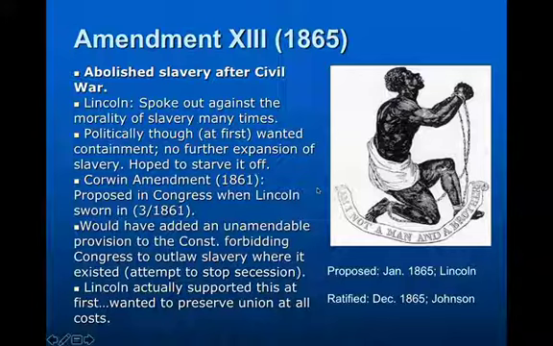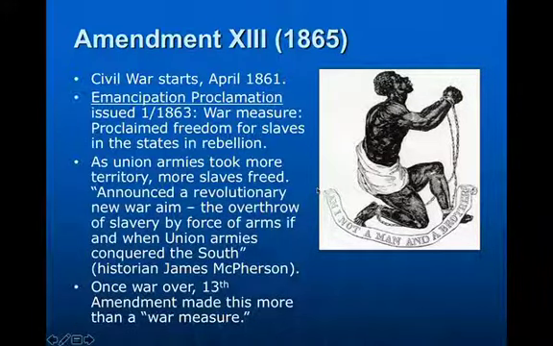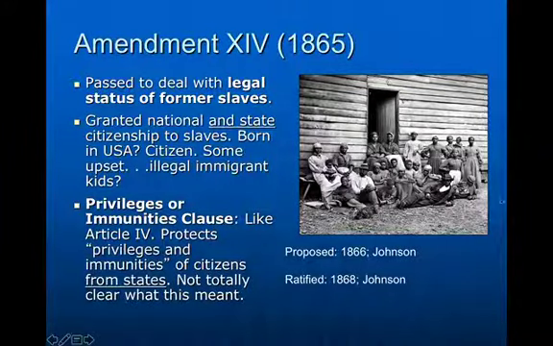So then, the 13th Amendment and then the 14th Amendment. There's a little more information on the 13th there; you can read through that at your leisure. But the 14th Amendment had this question: if these people who used to be slaves are now no longer slaves, what are they?